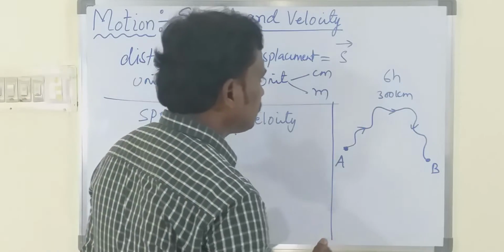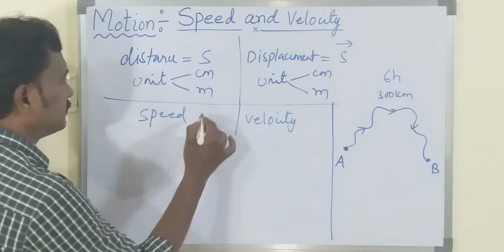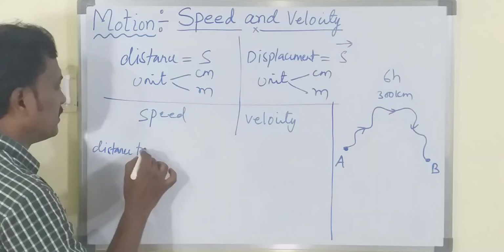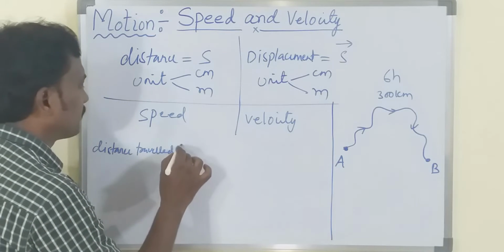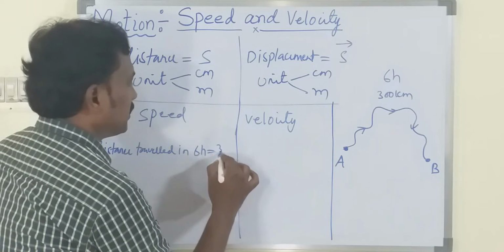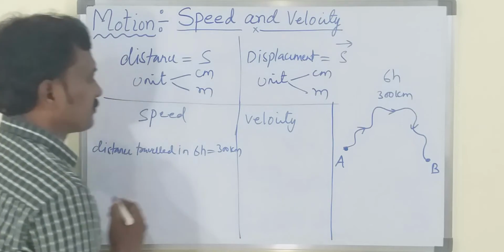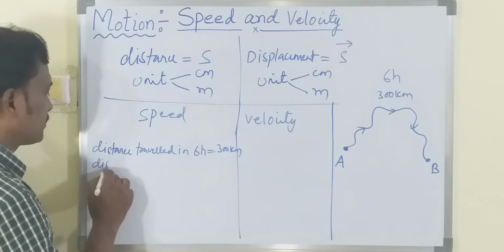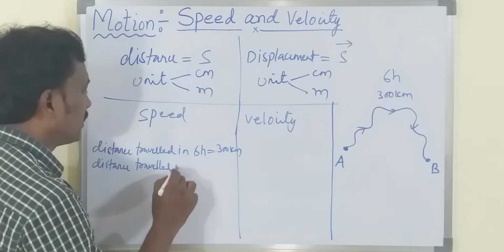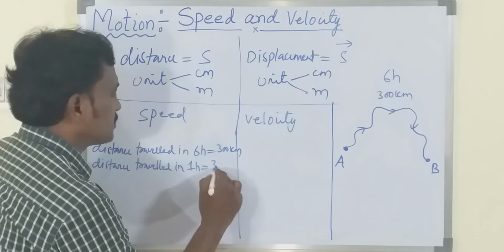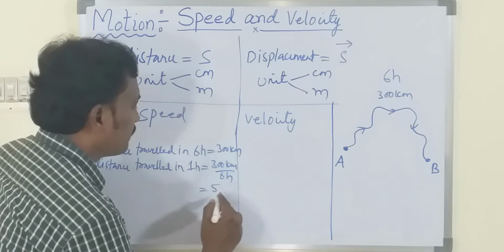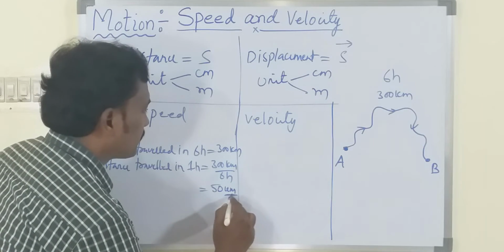Now, here distance traveled in 6 hours is equal to 300 kilometers, and distance traveled in 1 hour is, you take 300 kilometers by 6 hours, that is 50 kilometer per hour.